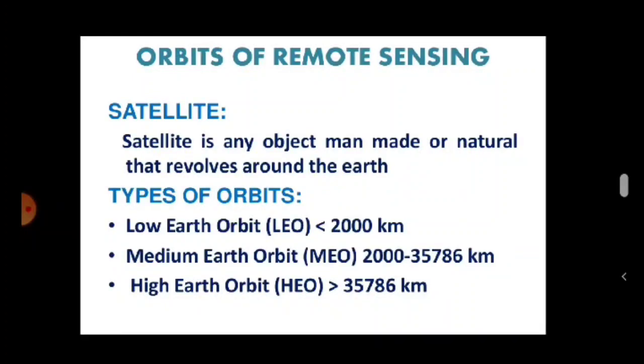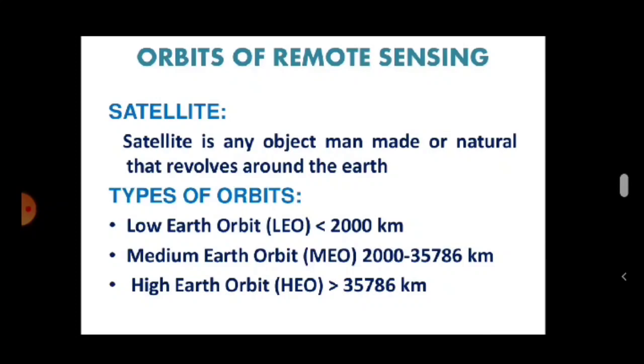Basically, satellites are objects which revolve around another object. So you may wonder, is Earth a satellite? Of course. When we consider the Earth, we can see the Moon is another satellite, a natural satellite. So there are two types of satellites, natural and man-made.